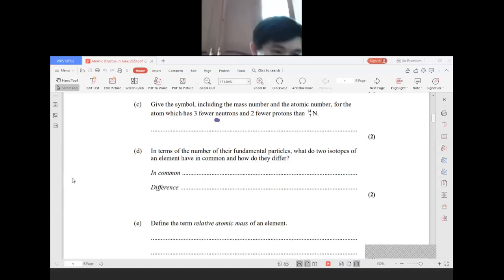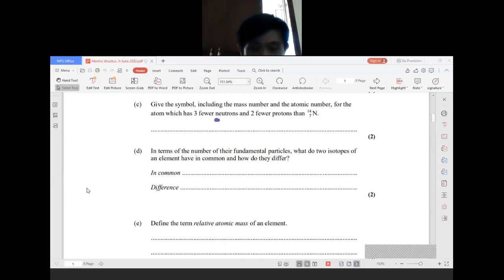It is 2 fewer protons and 3 fewer neutrons. This one, Billy. 2 less proton. So the proton is 5.